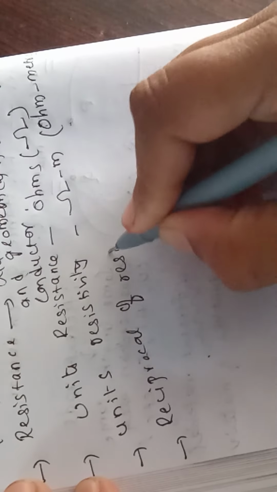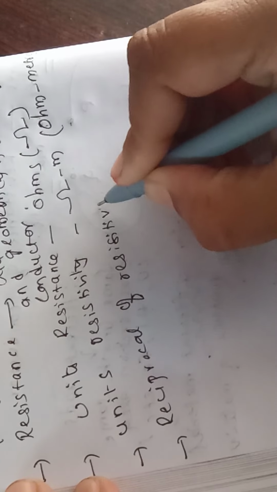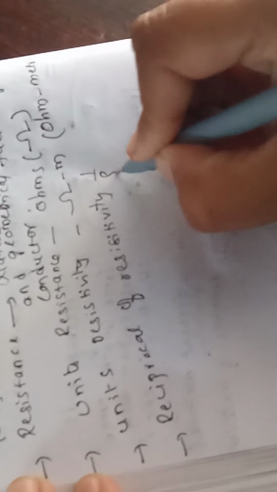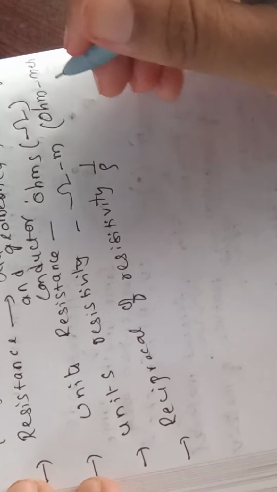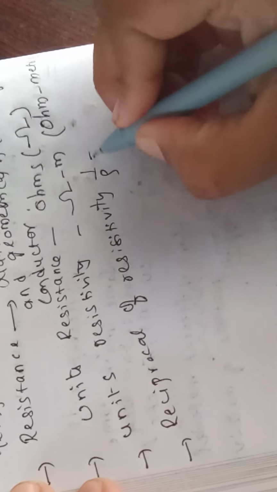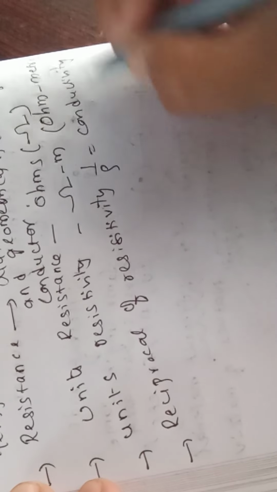And next, the reciprocal of resistivity, that is 1 by rho, we call it conductivity, and it is denoted by the symbol sigma.